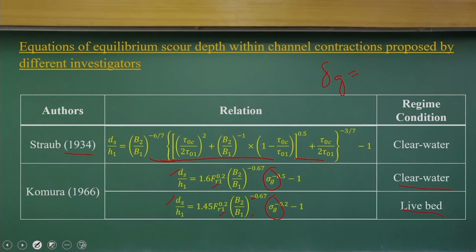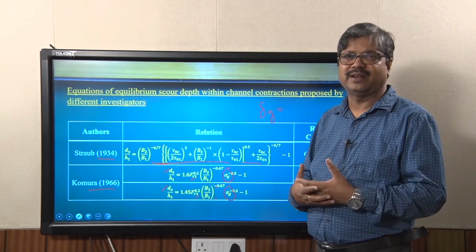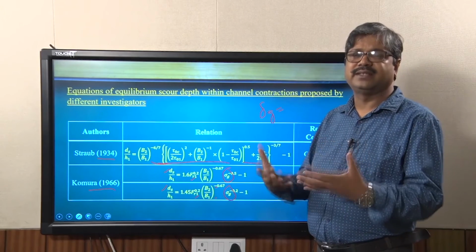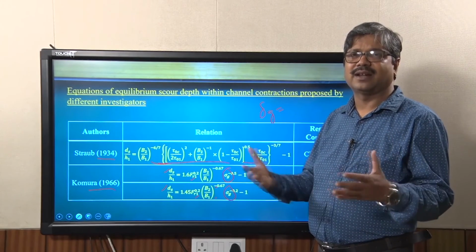Okay, that is very easy to compute. That means in this Kumar 1966, without going into more detail, it considers the mixed distribution of bed material particle size to estimate the scour hole depth in a contracted zone.